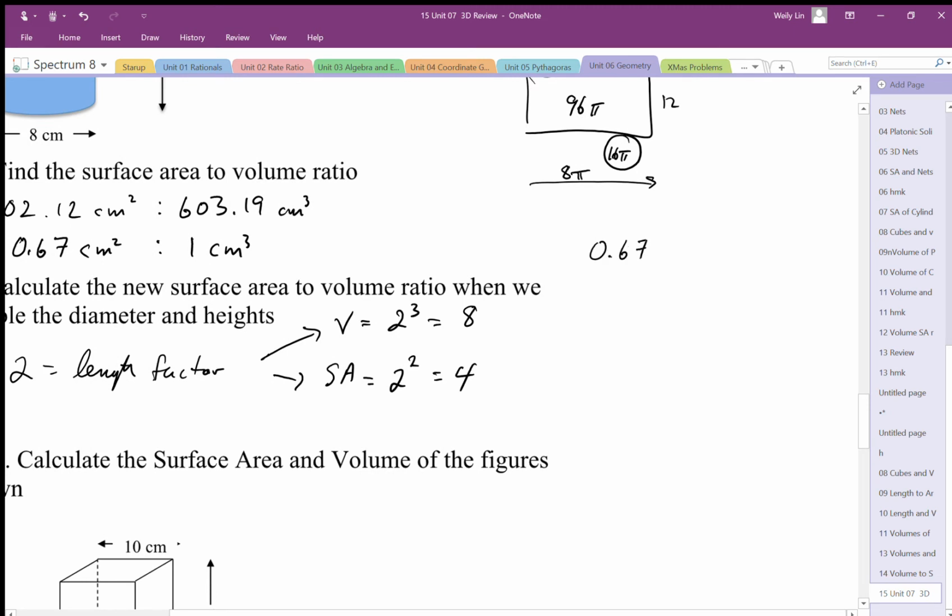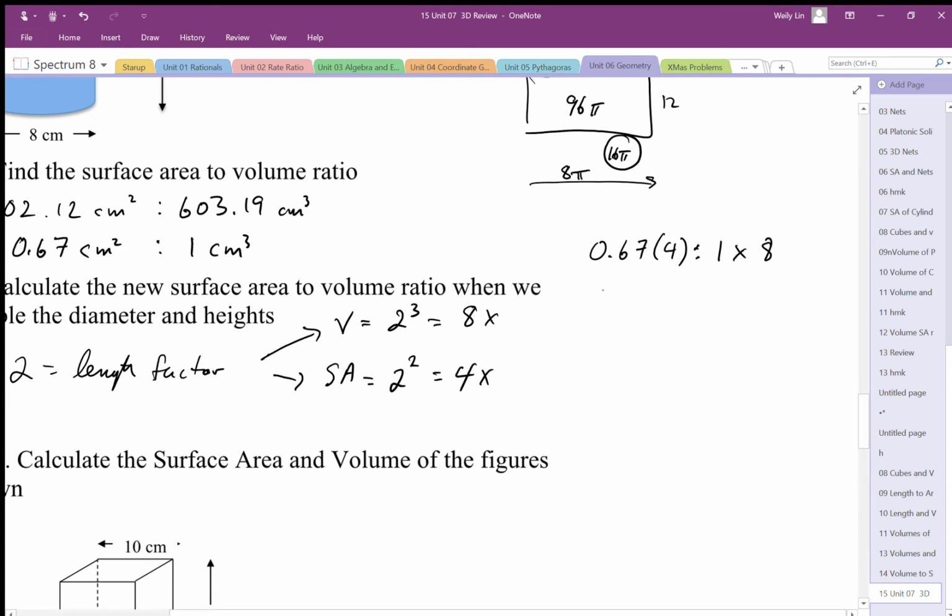0.67, this is actually 2/3. But we're going to multiply that surface area by our surface area factor of 4. We're going to multiply our volume, so 1 cube, by our factor of 8. And then we're going to recalculate this. Essentially I'm going to take that number, times by 4, divide by 8, or essentially divide by 2.